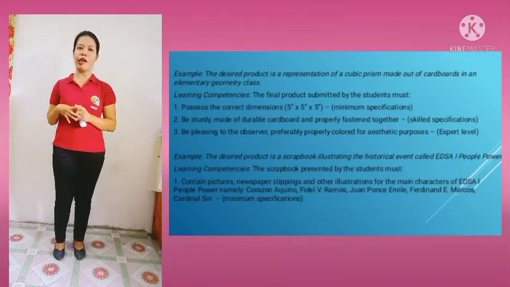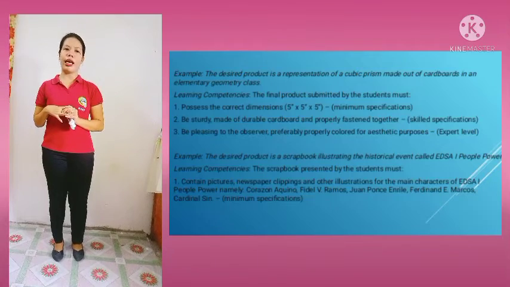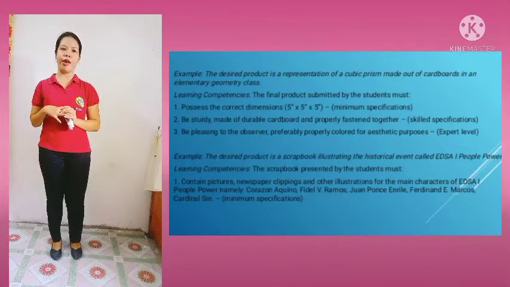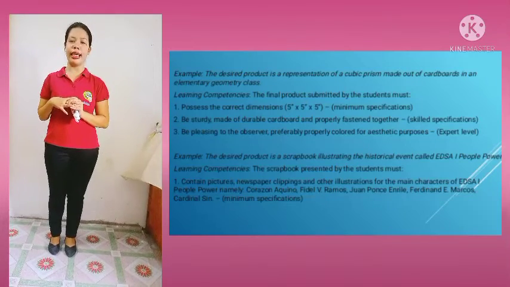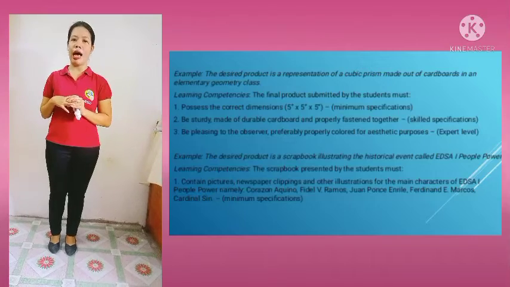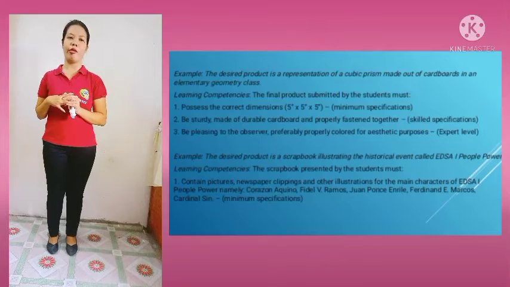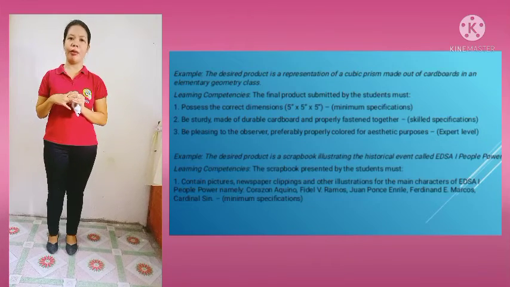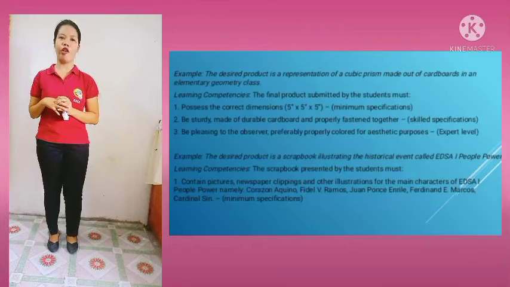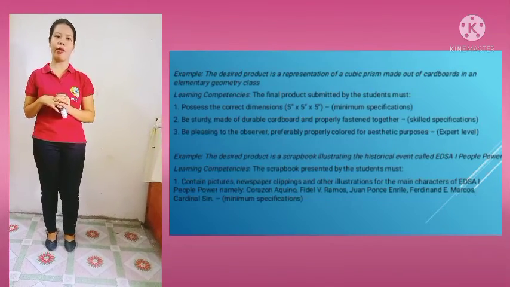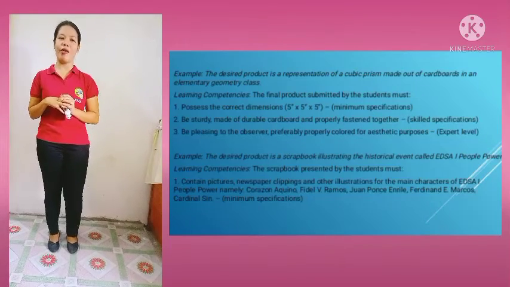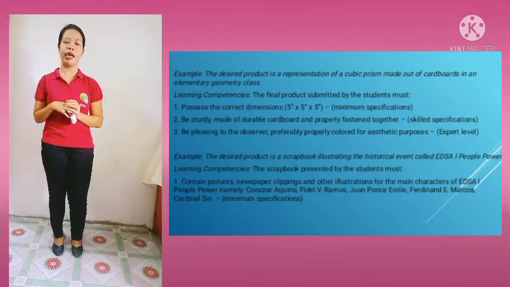So another one is the desired product is a scrapbook illustrating the event called EDSA 1 People Power. So the learning competencies is the students have the following. For number 1, contains pictures, newspapers, clipping, and other illustration for the main character of EDSA 1 People Power, namely Corazon Aquino, Fidel B. Ramos, Juan Ponce Enrile, Ferdinand M. Marcos, and Cardinal Sin.